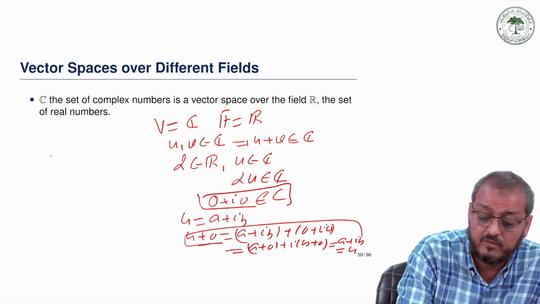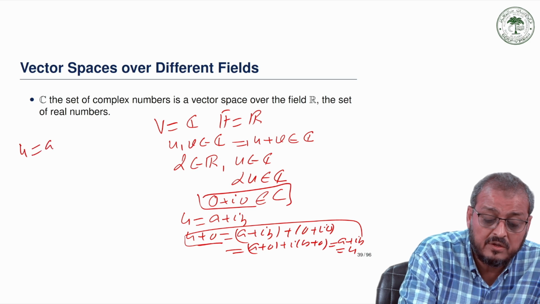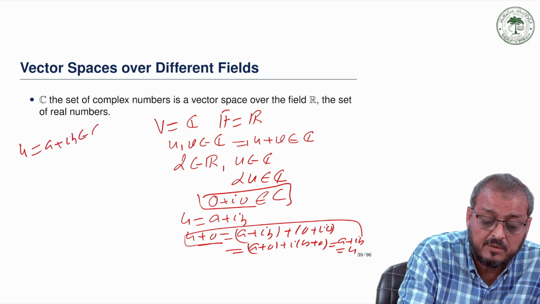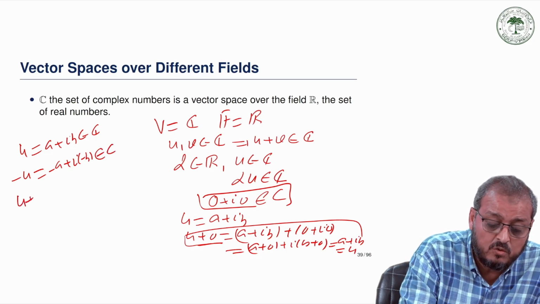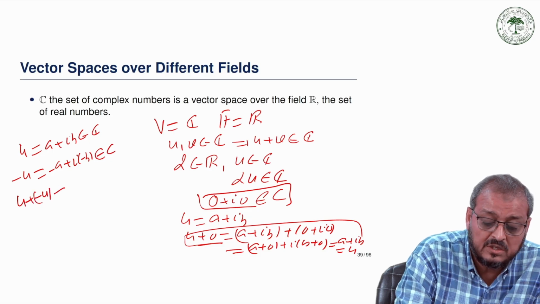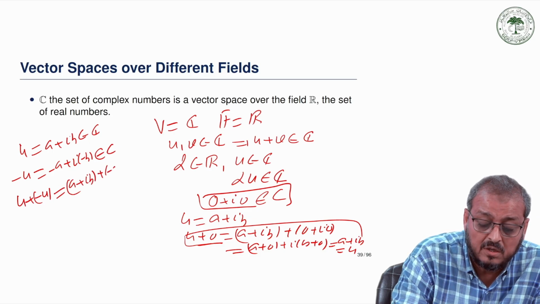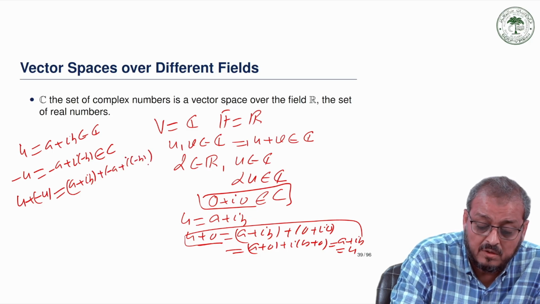And also, if u can be written as a plus ib, an element of C, then minus u can be written as minus a plus i times minus b, which is an element of C. Then if you take u plus minus u, this is equal to a plus ib plus minus a plus i times minus b.